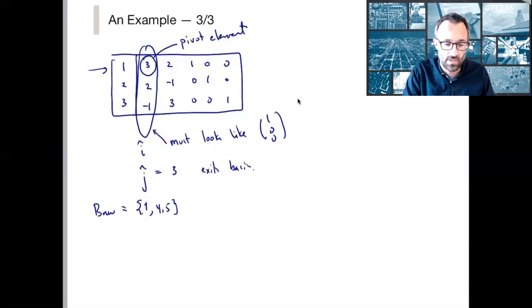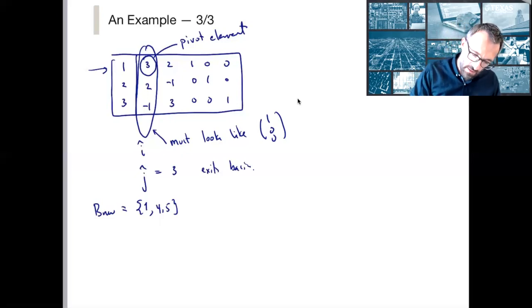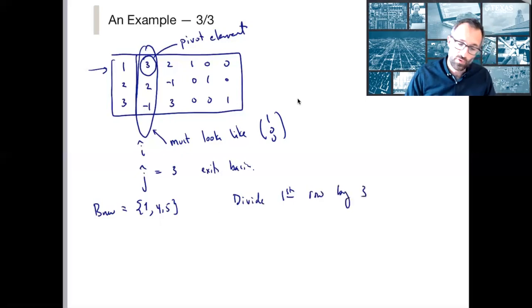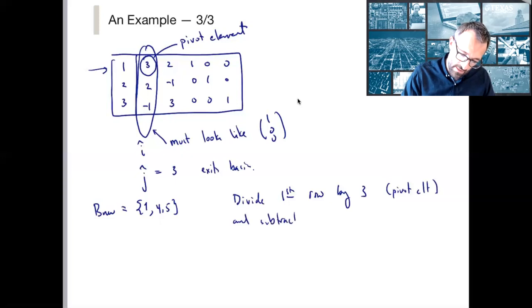In order to make it look like 1, 0, 0, I need to divide the first row by 3, which is my pivot element, subtract it times 2 from the second row, and then add it to the third row.